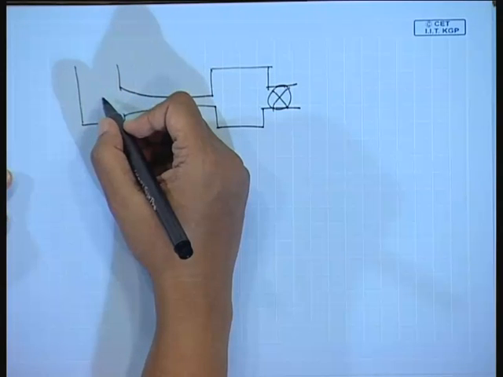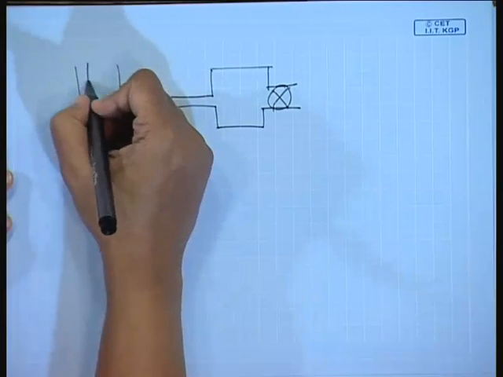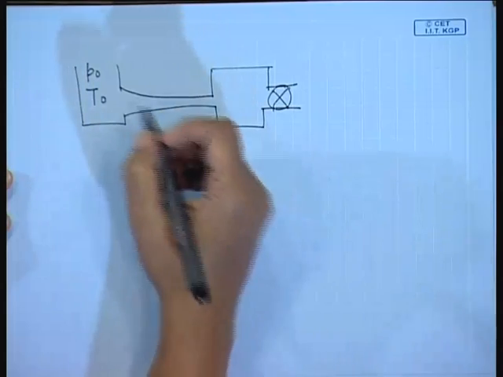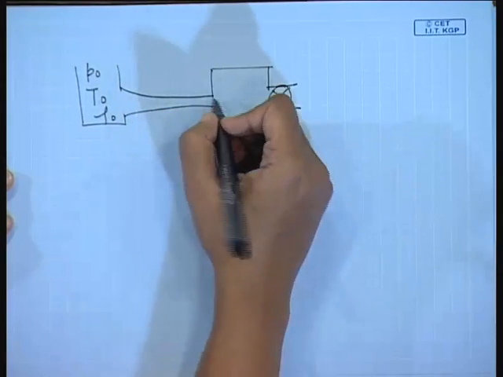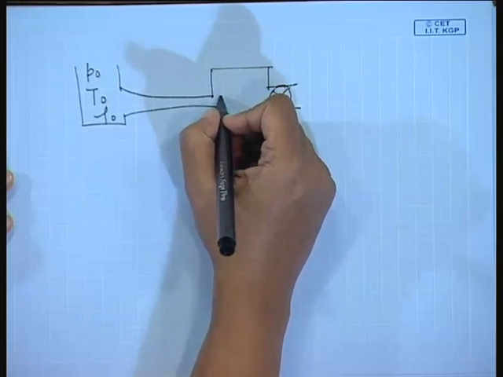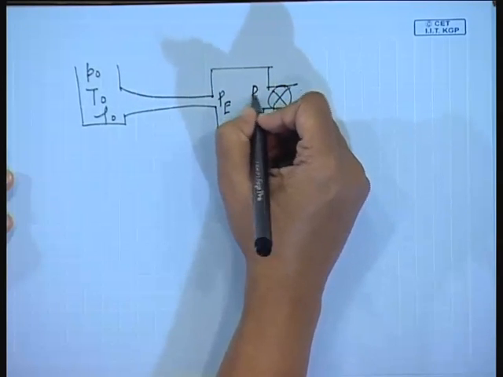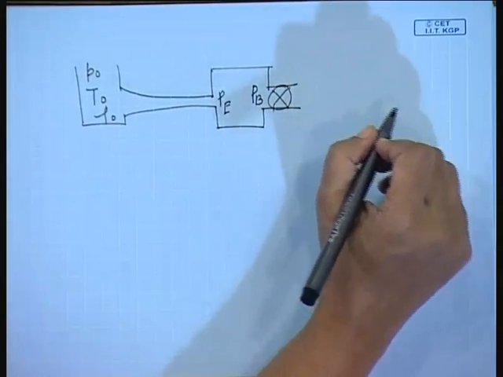Conditions at the tank are the stagnation conditions, so here the properties are P0, T0, rho 0, etc. Just at the exit of the nozzle, the pressure is P exit or PE, and in this tank we have a back pressure which is PB.